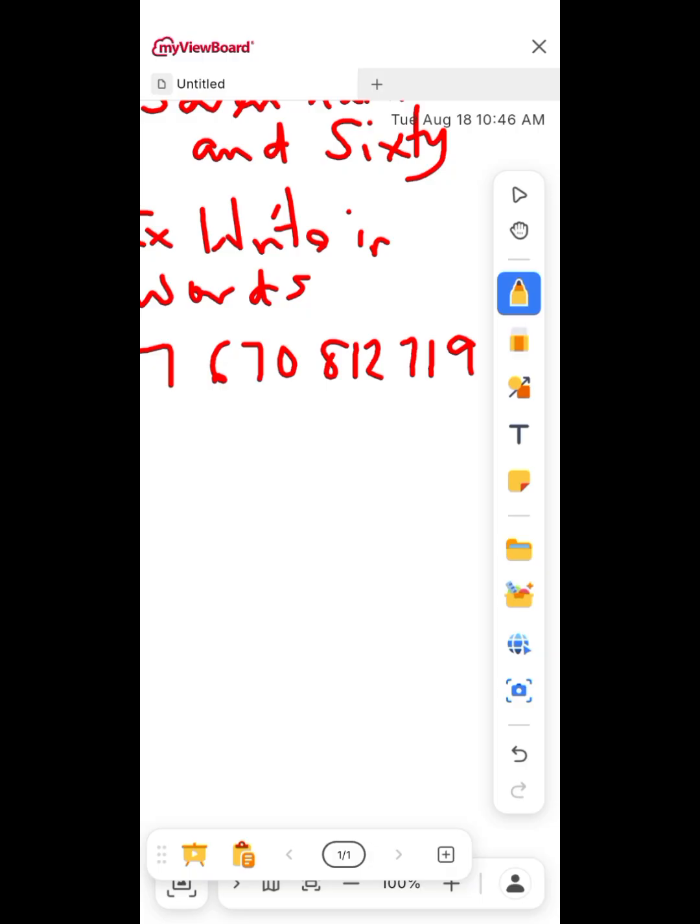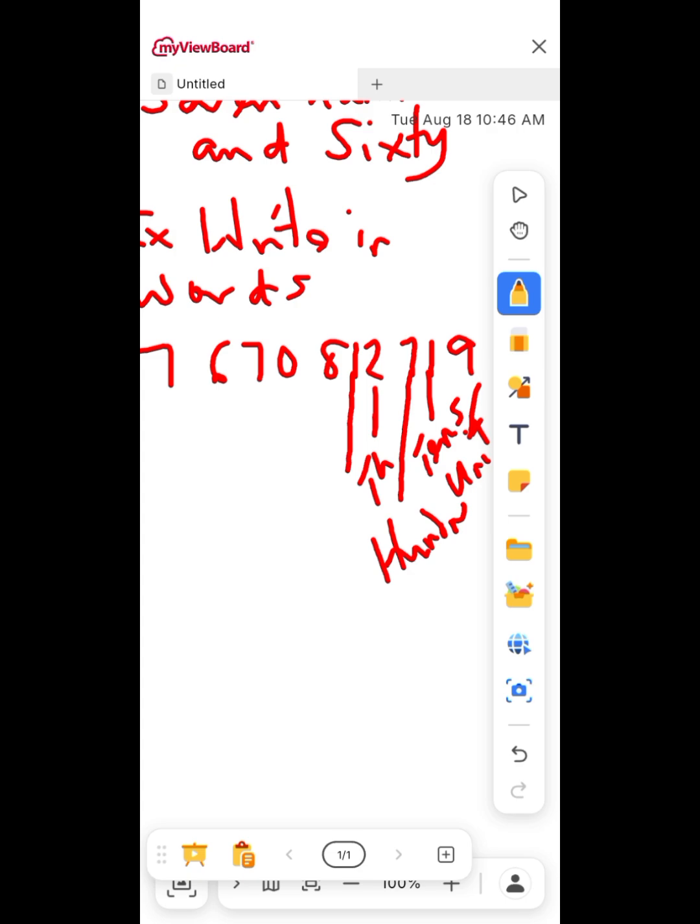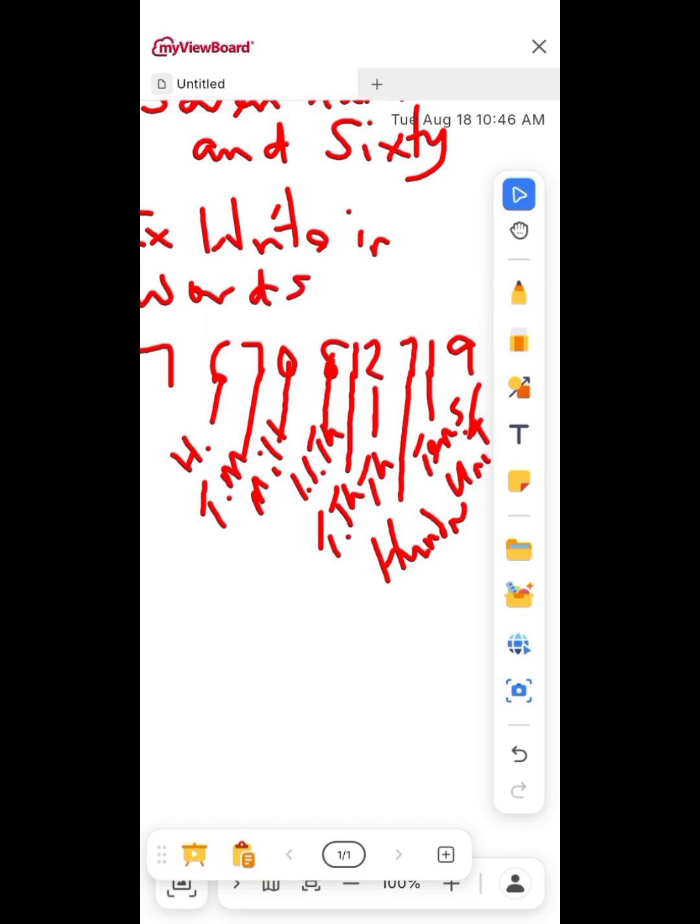The same rule applies. Put your place values. This is my unit, followed by my tens, followed by my hundreds, followed by my thousands, followed by my tens of thousands, followed by my hundreds of thousands, followed by my million, followed by my tens of millions, followed by my hundreds of millions, and after hundreds of millions, the next thing is billion.